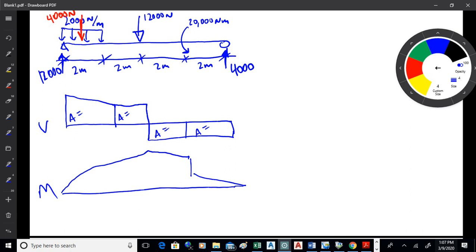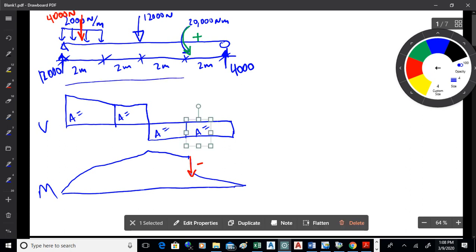Now, the one thing that I want to emphasize on this is that's a positive moment. So what that does is that makes the moment diagram go negative. Because what's happening here is you're coming along on the beam, as you work your way across, and then you have this couple in there like that.